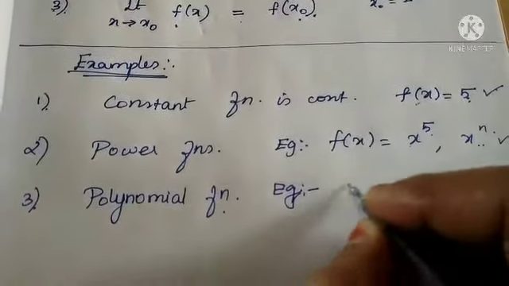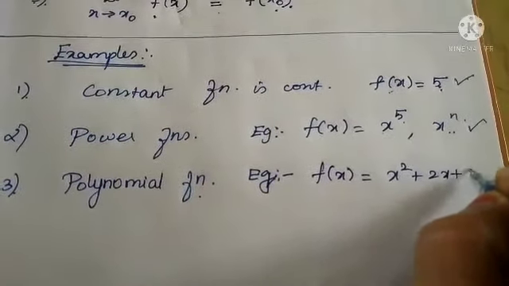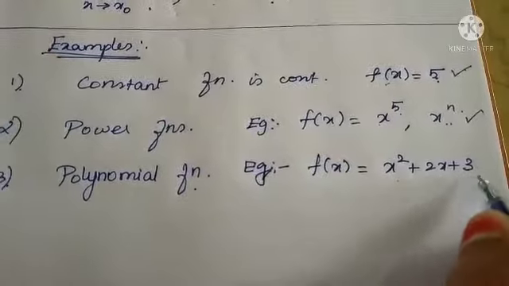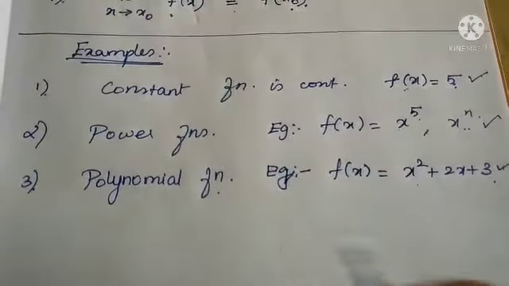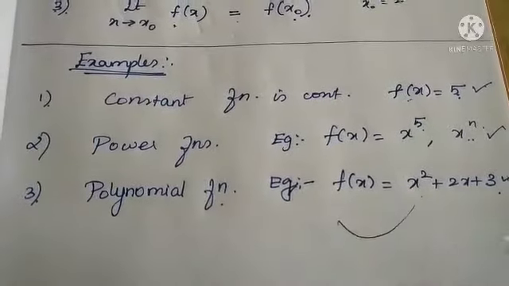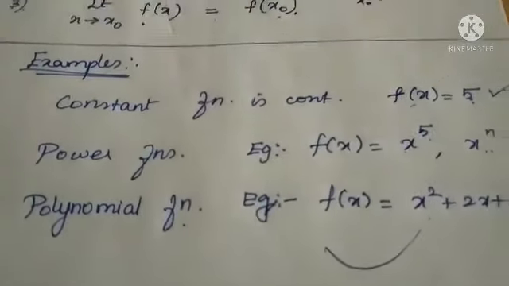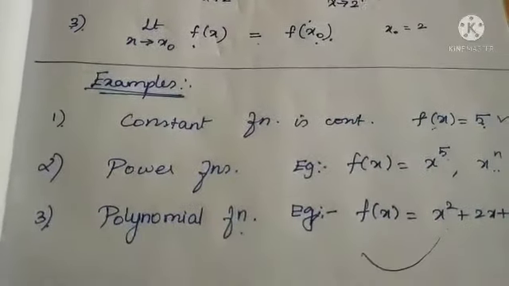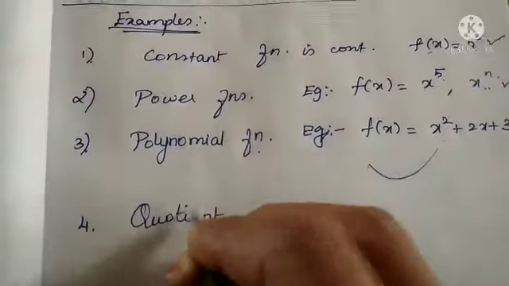So for example, I am taking f of x is equal to x square plus 2x plus 3. This is a polynomial, correct? So all polynomial functions are continuous. That curve will be a continuous graph. Fourth point. Let us see the fourth point now. Quotient function. Quotient means the rational form.